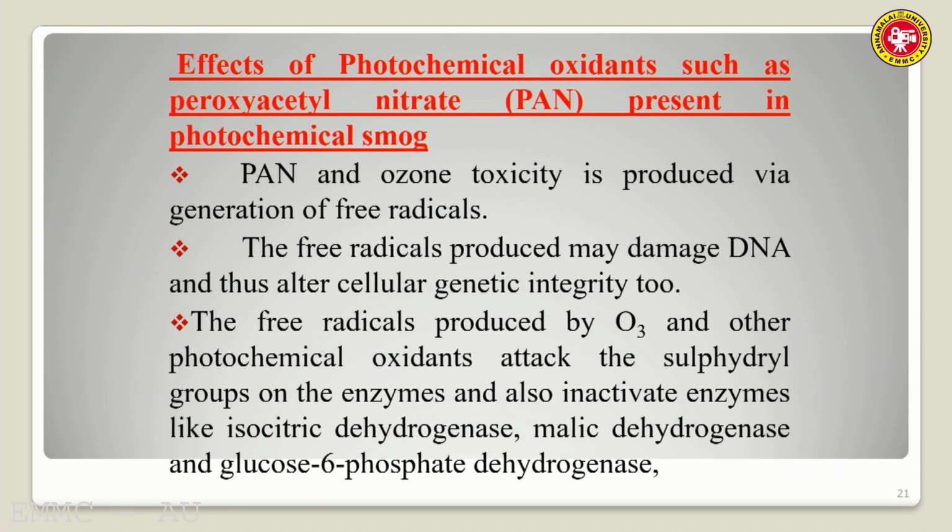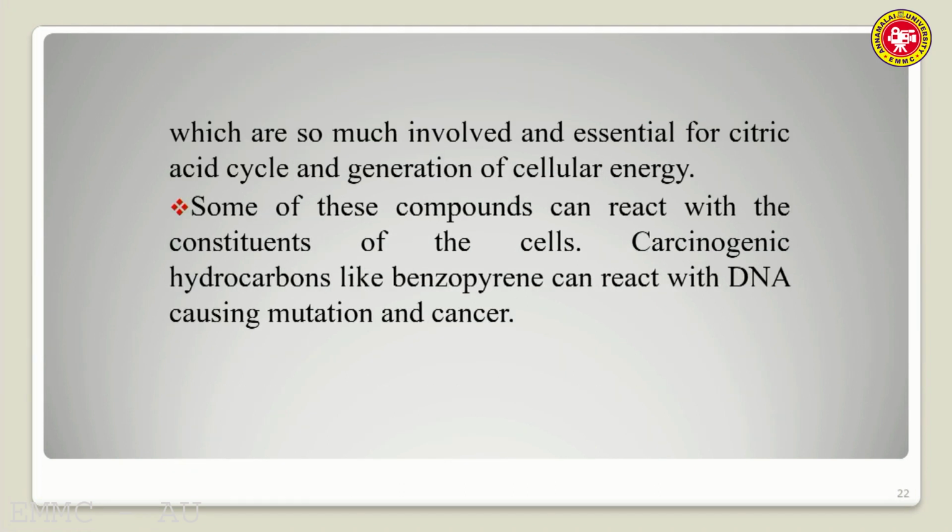The free radicals produced by O3 and other photochemical oxidants attack the sulfhydryl groups and the enzymes and also inactivate enzymes like isocitric dehydrogenase, malic dehydrogenase and glucose-6-phosphate dehydrogenase, which are essential for the citric acid cycle and generation of cellular energy. Some of these compounds can react with the constituents of the cell. Carcinogenic hydrocarbons like benzopyrene can react with the DNA, causing mutation and cancer.